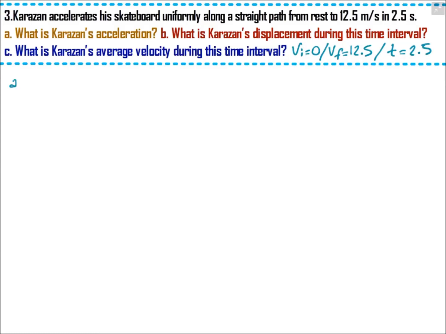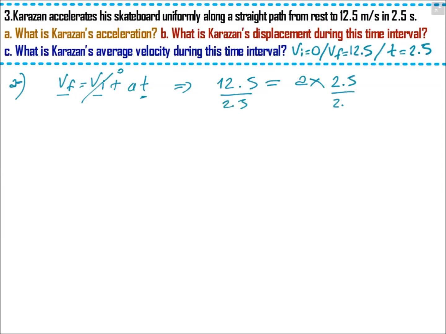At the A it's asking what is the acceleration, and to calculate acceleration I have to use formula of v final equal v initial plus at, because final velocity is given, initial velocity is given, and the time is given. I can calculate the acceleration, and the initial velocity in this question 0, and the final velocity is 12.5 equal acceleration times time 2.5. So if you divide by both sides 2.5, acceleration gonna be 5 meter per second square.